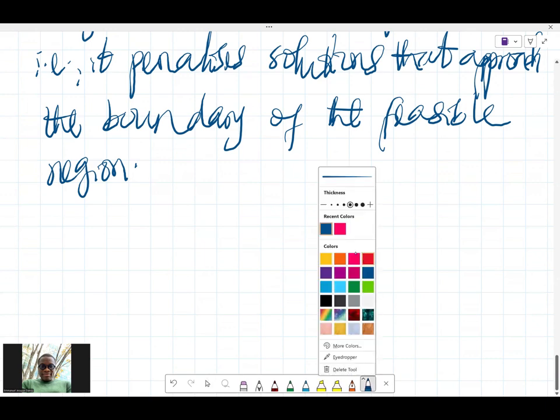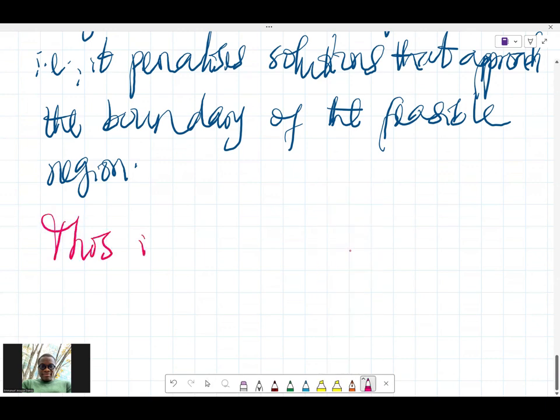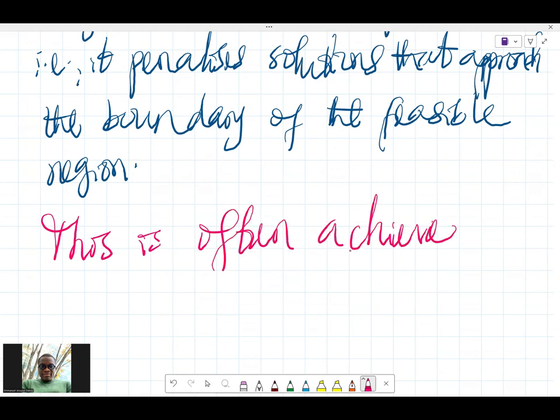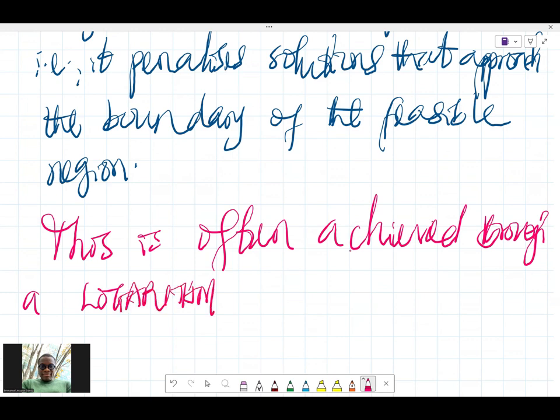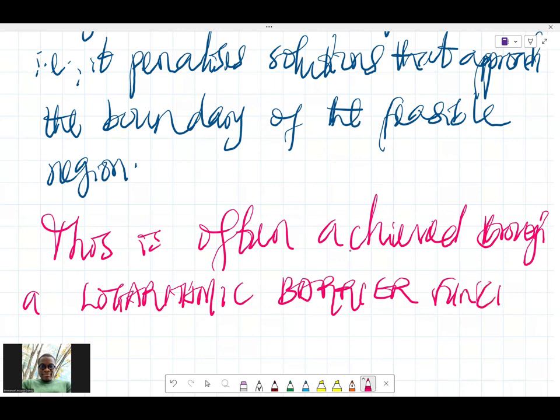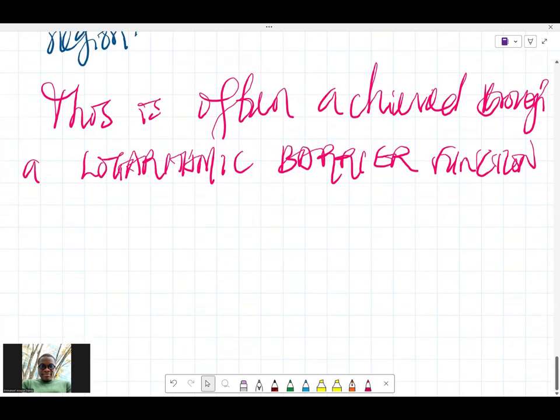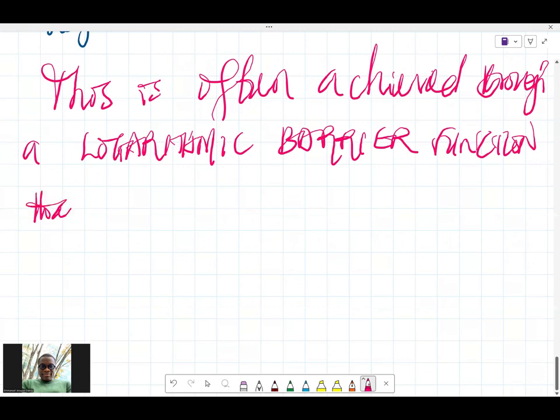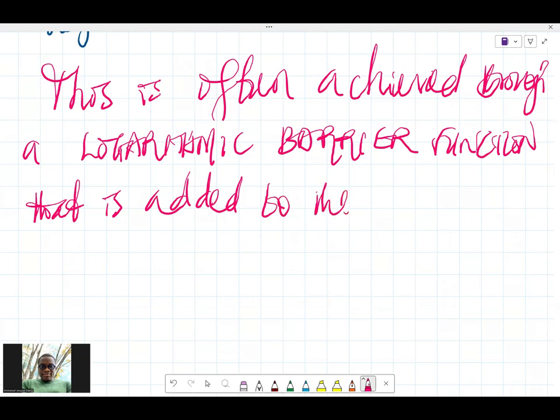This is often achieved through a logarithmic barrier function that is added to the objective function.